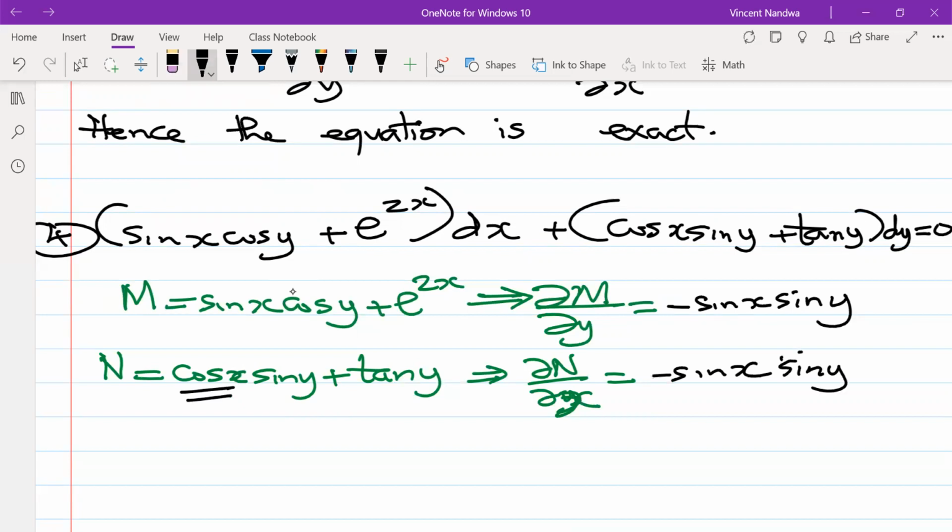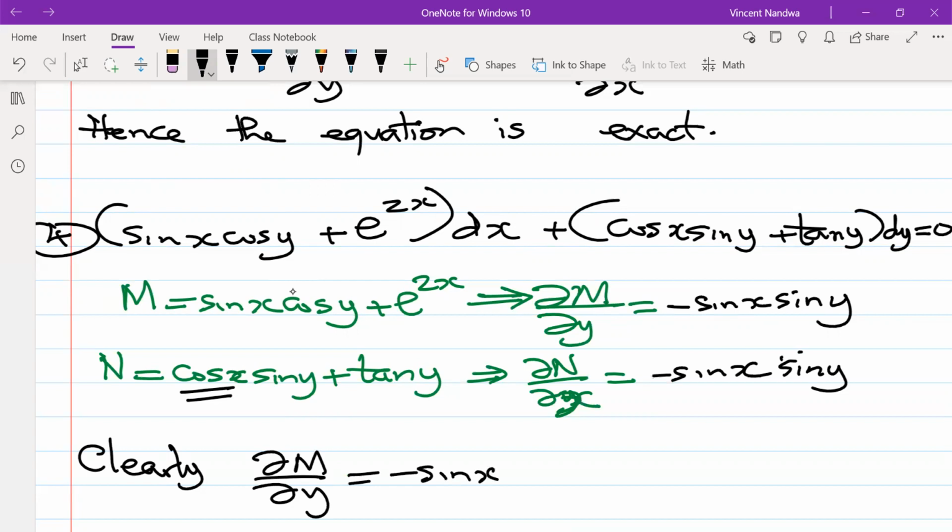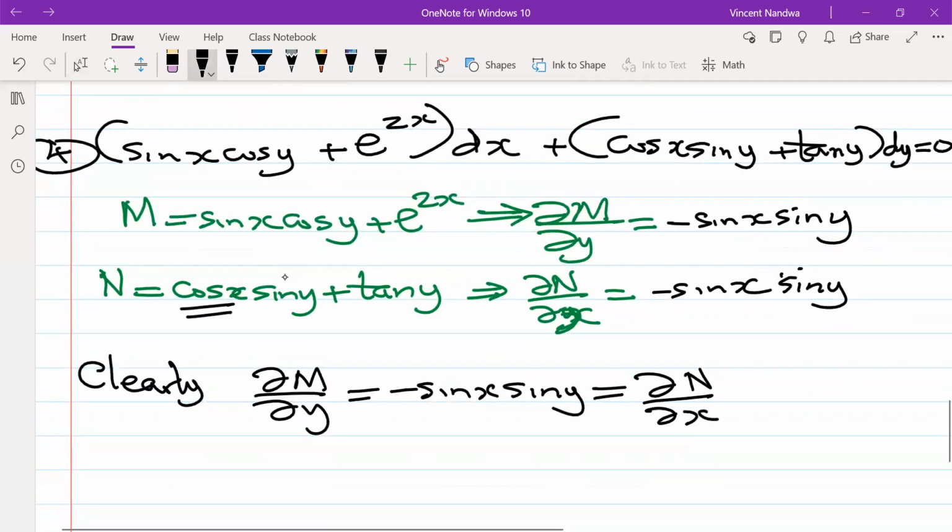This would be 0 because there's no x variable here. So clearly, partial M partial y is minus sine x sine of y, which is partial N partial x, and the equation is exact.